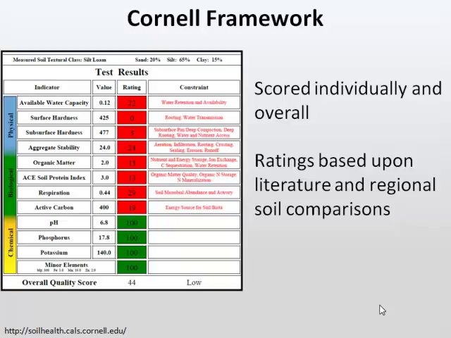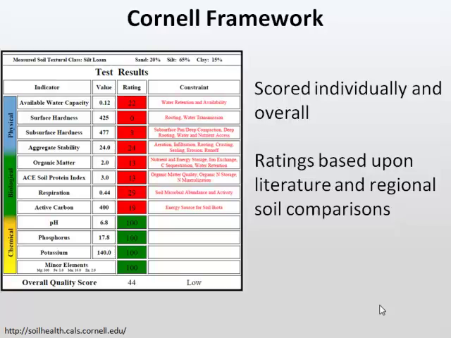But what we don't have good testing for are these physical and biological indicators. And so as a manager, these might be things that you're not really made aware of and might be neglected, right? This is kind of the entire point of thinking about soil health testing, because if we're not measuring things, how are you expected to manage something if we're not measuring and having some kind of indicator for that?